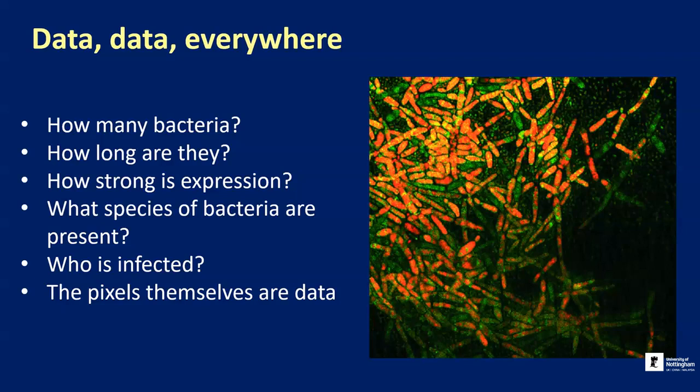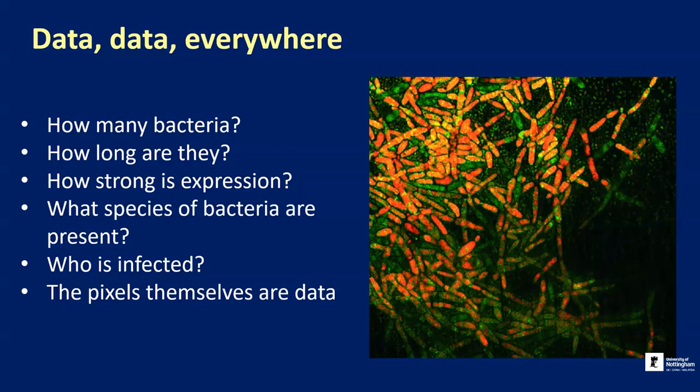At a more fundamental level, you might be interested in what species of bacteria these are. So there are lots of bacteria on screen, presumably all of one species, but you might need to know what species it is in order to know what antibiotic to use, for example. You might have lots of different samples like this from different patients, and you're looking for one particular bacterium that expresses a particular gene. That may be how you find it.